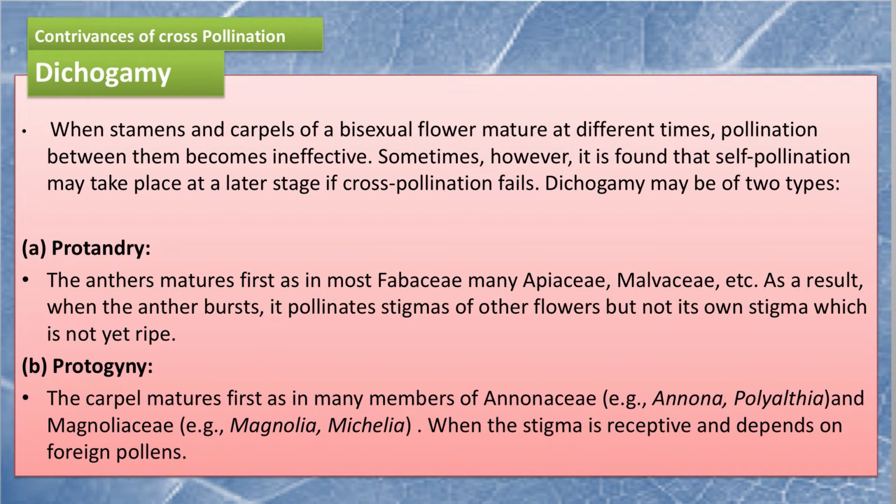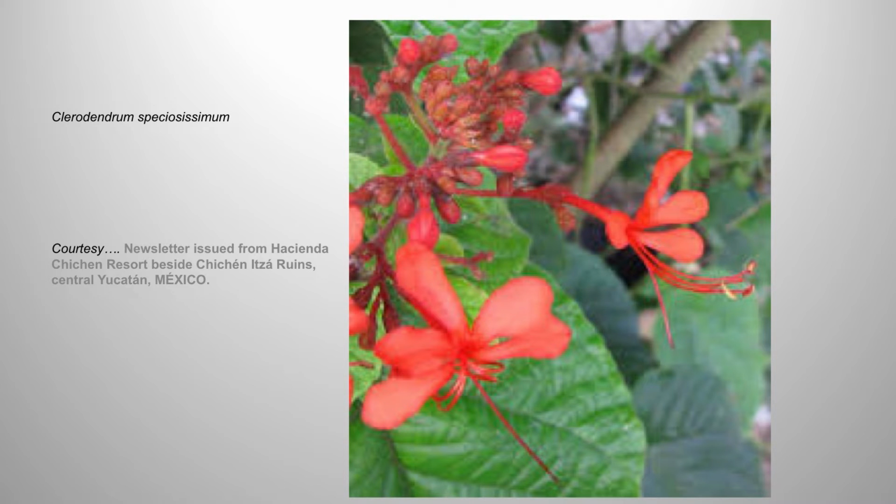When the male part matures first, the pollen grains of that anther pollinate some other plants, and the same holds in the protogynous condition. When the female part matures first, the stigma receives the pollen grains from the other plant. You can see in the picture, this is a protandrous condition where Clerodendrum is the plant, and here the male part matures first.